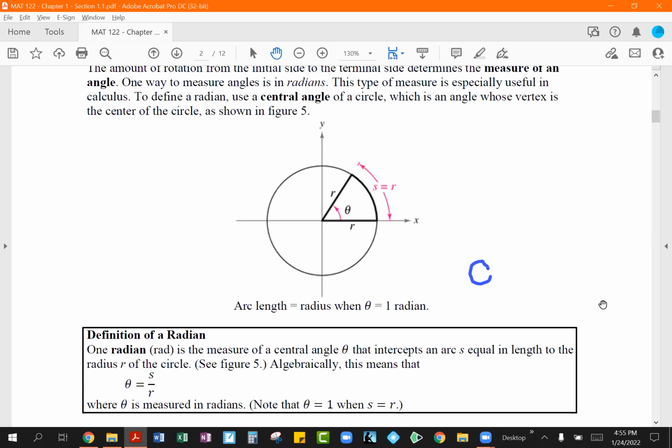Basically, if your arc length is the same length as your radius, that's what we call 1 radian measurement of your central angle. And the central angle is where the vertex of your angle is at the origin of your coordinate plane. You will see right here is where that vertex is, right on top of the center of our coordinate plane.